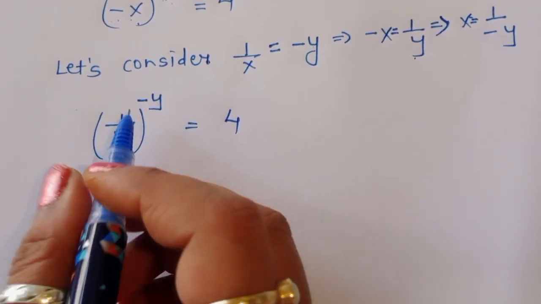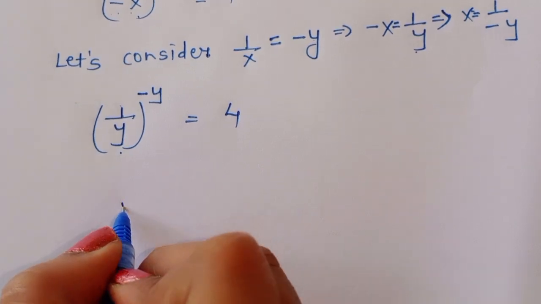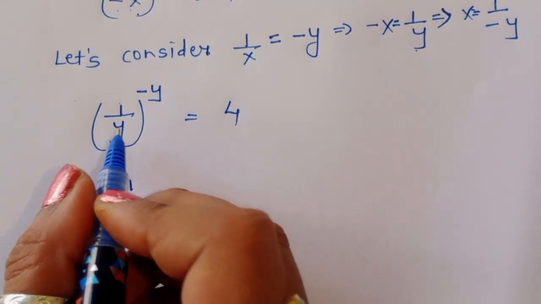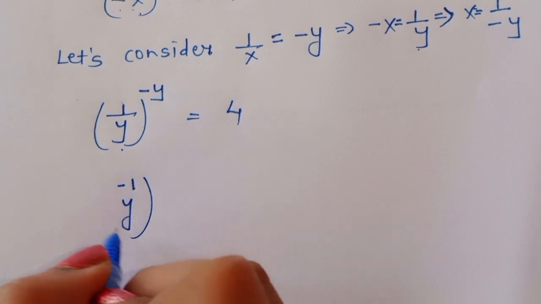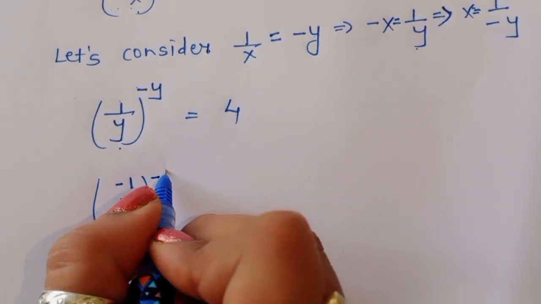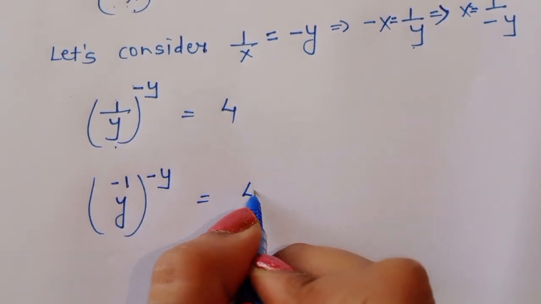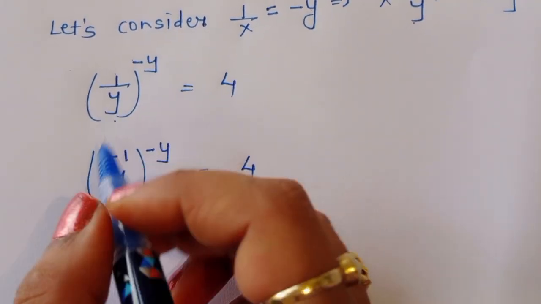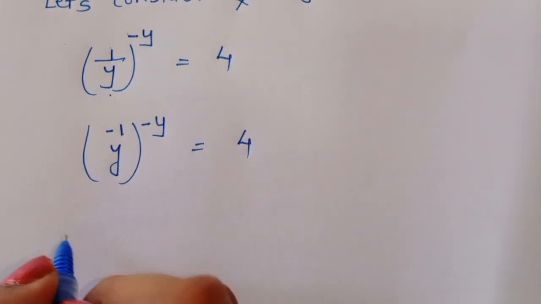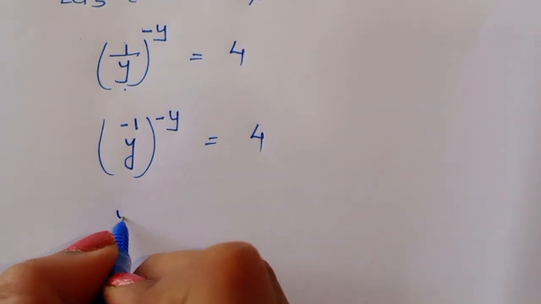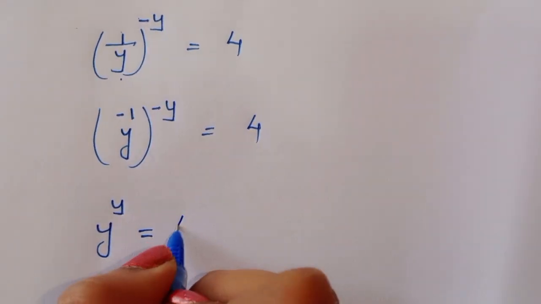Now this is 1 upon y, so we can write this as y power minus 1, and here power minus y is equal to 4. Now minus minus is plus, so we can write y power y is equal to 4.